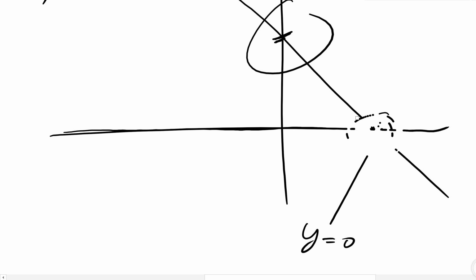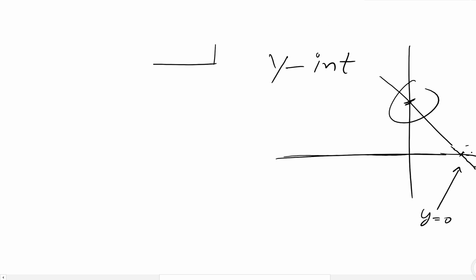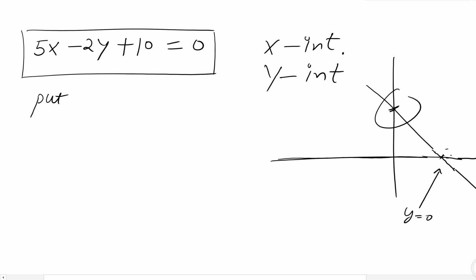So now, in order to find this point, which is the x-intercept, we put y equals 0. So we substitute y equals 0 in the above equation, and we get 5x minus 2 times 0 plus 10 equals 0.